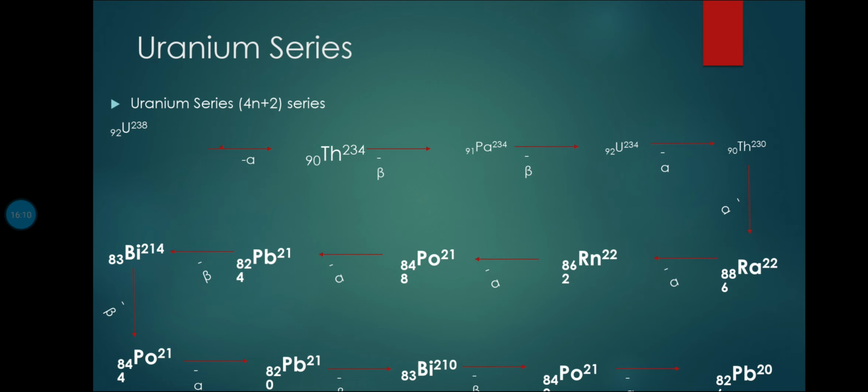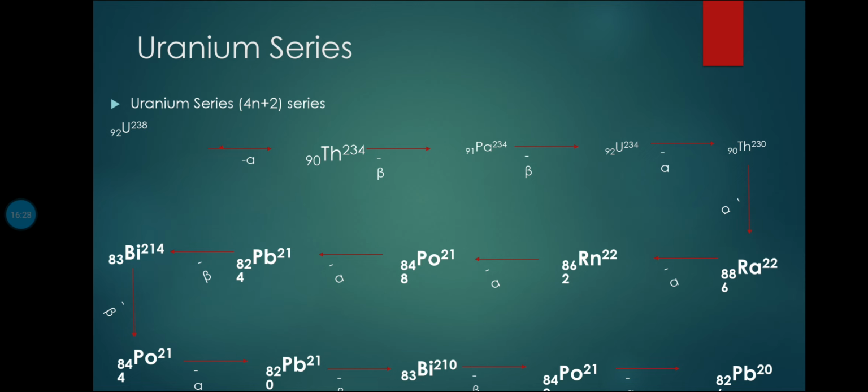Similarly, it goes on. Protactinium emits a beta particle and forms uranium 234, and uranium 234 emits an alpha particle and forms thorium 230.